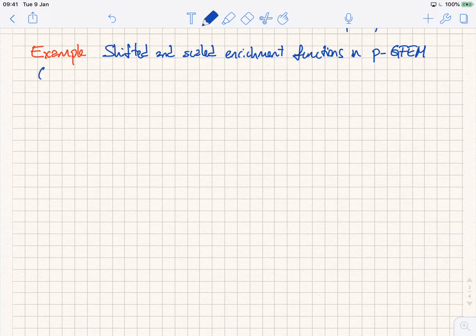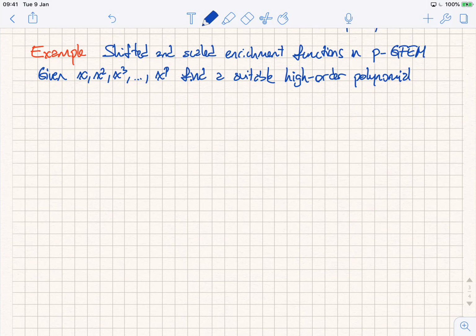Given x, x squared, x cubed, x to the power of p, find suitable high order polynomial enrichments that can be used with the framework, with GFEM. Okay?